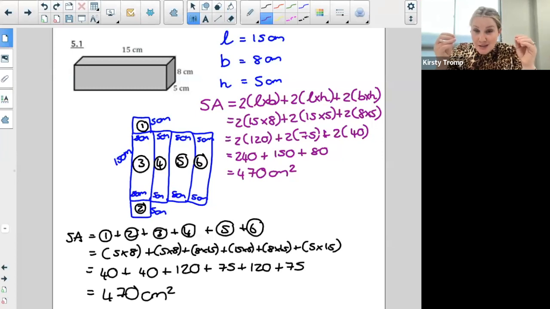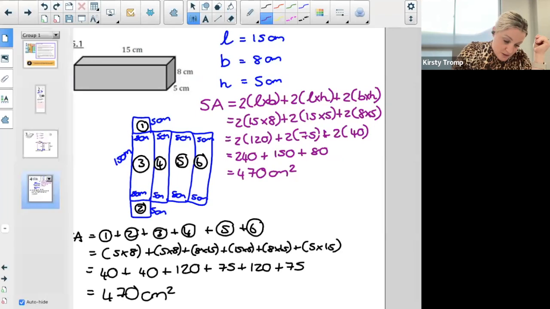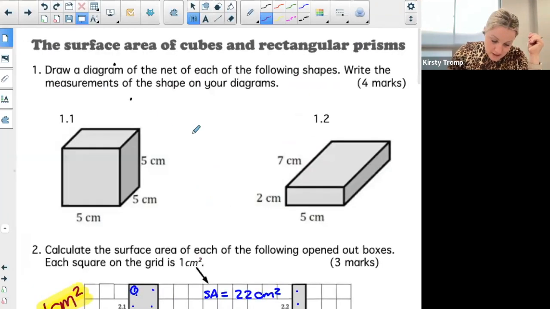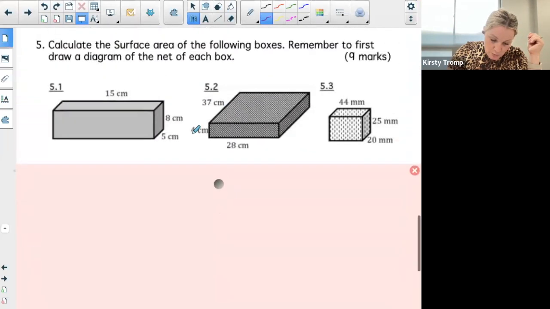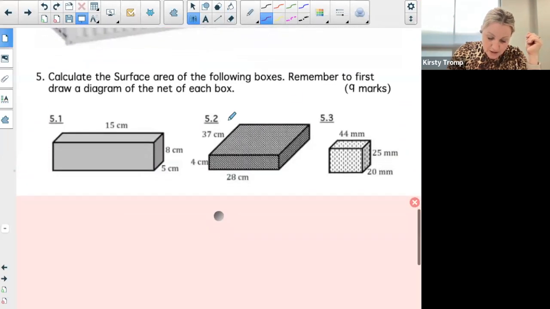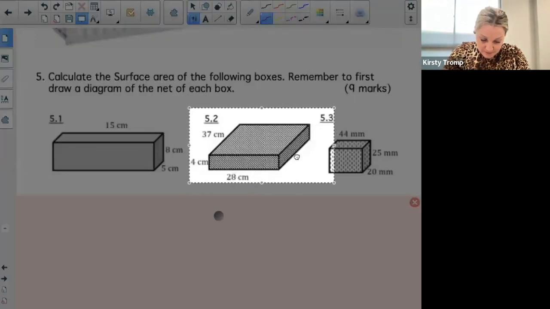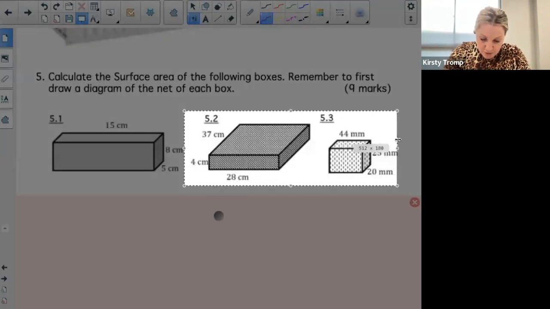All right. Let's go do some more practice, because the best way to do this is to do more practice. Let's go grab the other two quickly so that you can see. We've got two more here to do. We're going to do them together. We've got 5.2 and 5.3.